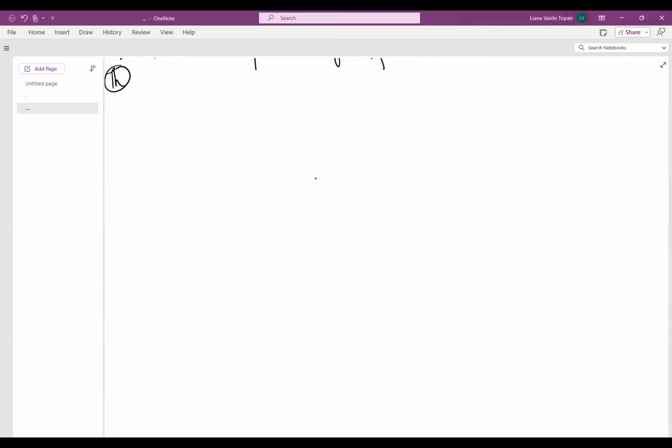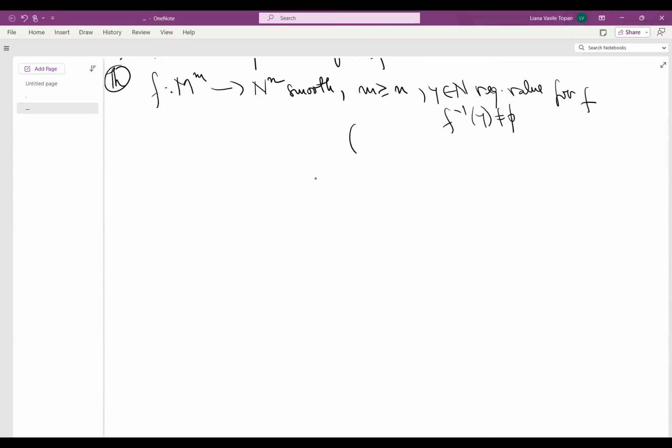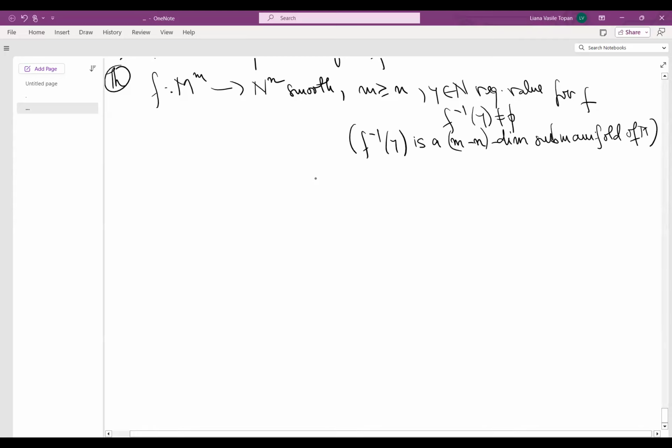We have a function f going from a manifold M to another manifold N, smooth again. We want m greater than or equal to n. We want y to be a regular value for our function f, and such that f inverse of y is not empty. So again, this means, using what we've seen previously, that f inverse of y is an (m minus n)-dimensional submanifold of the manifold M, so a manifold itself with dimension m minus n.